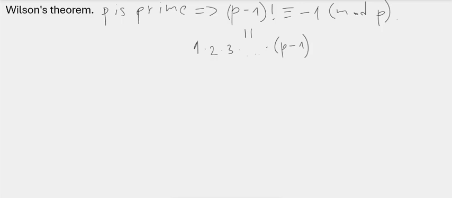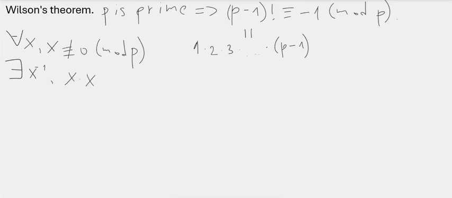Inverse by multiplication means that for each x such that x is not congruent to 0 modulo p, and I'm going to stop writing modulo p because all congruences are going to be modulo p, there exists x to the power minus 1 such that x multiplied by x to the power minus 1 is congruent to 1 modulo p.